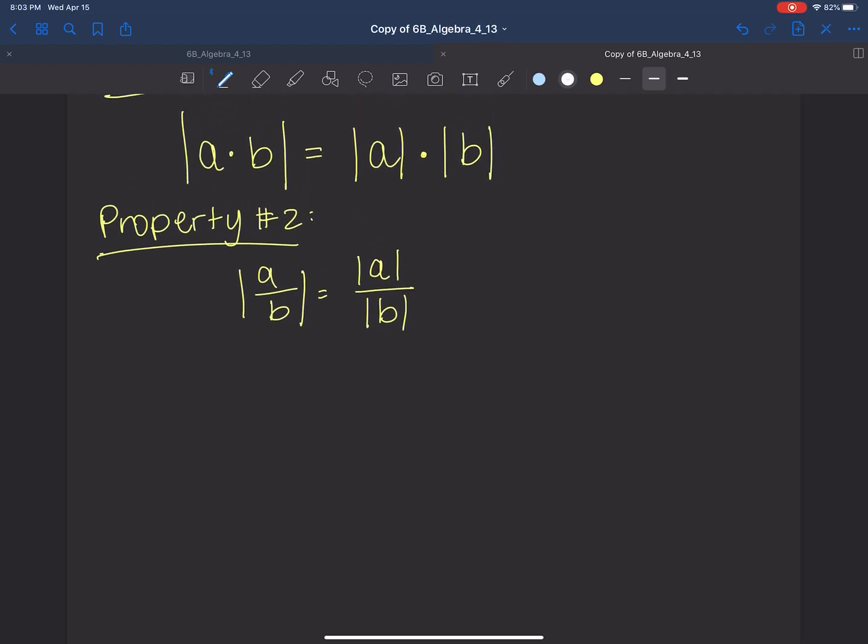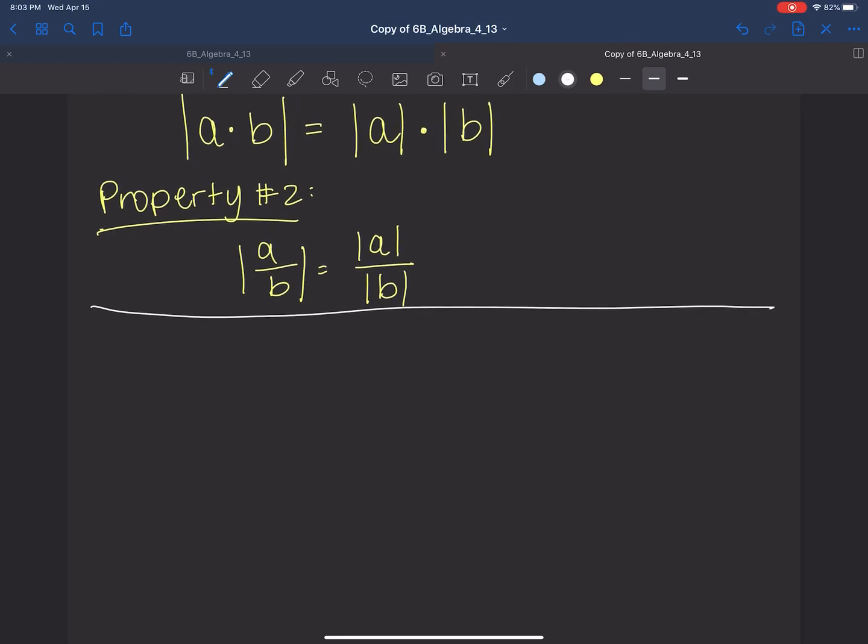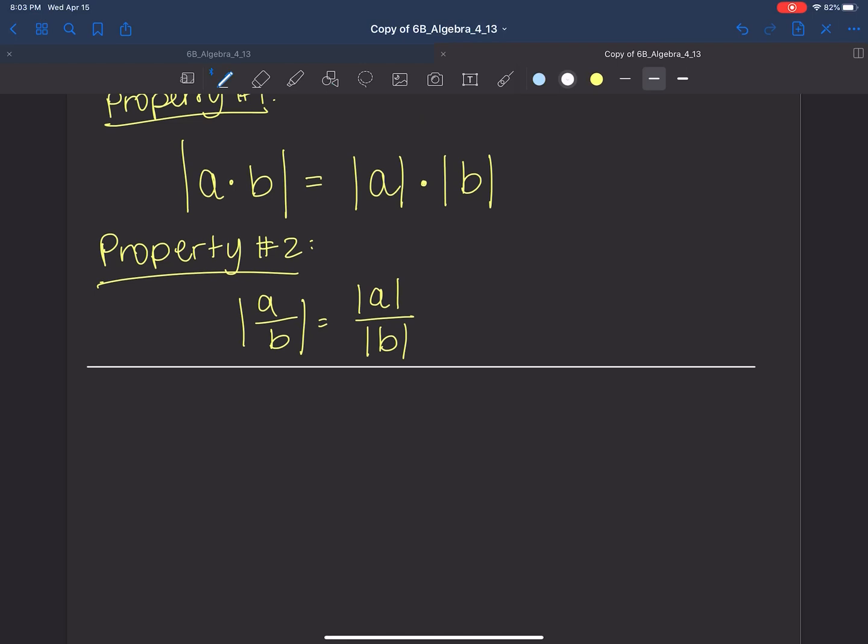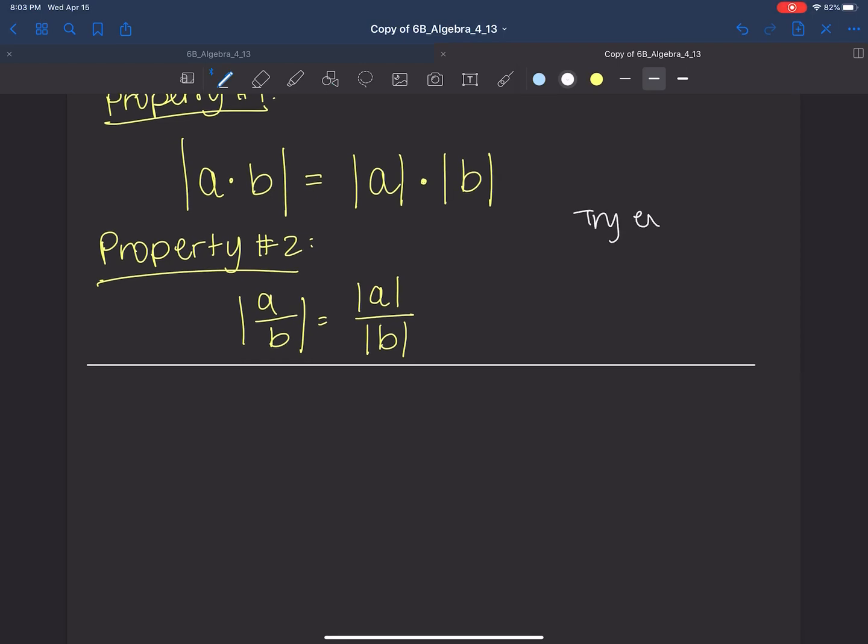Okay? So these two properties are relatively straightforward. I'll leave it to you guys to try some examples on your own. It's probably most helpful to pick examples when A and B could be negative.